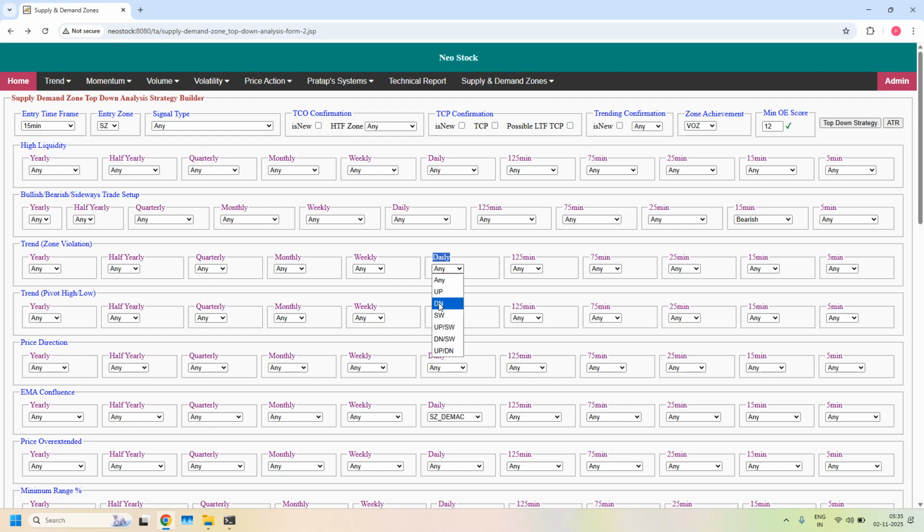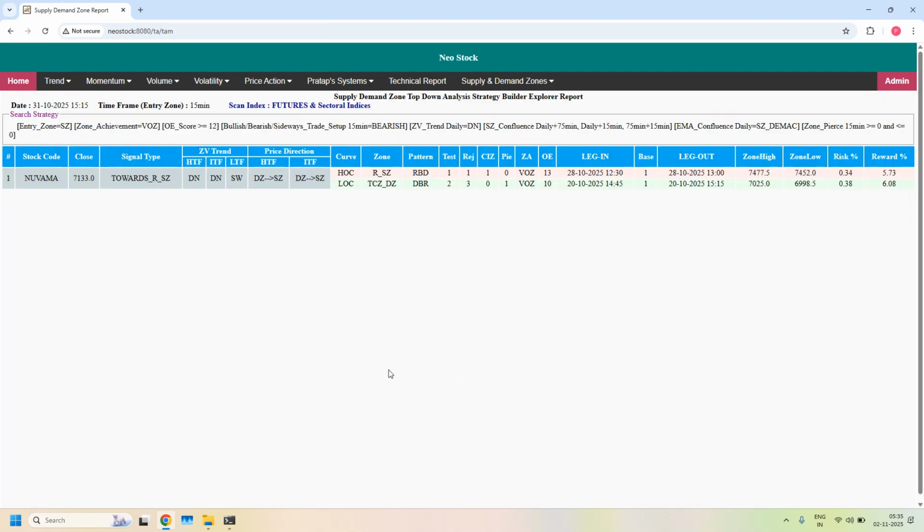It should be downtrend because it is a bearish trade setup. Let's filter. So that one stock is filtered. So that's why this 15 minute supply zone might have a higher probability to succeed, provided less than 20 checklist items are satisfied. Otherwise, higher chances of zone violation.